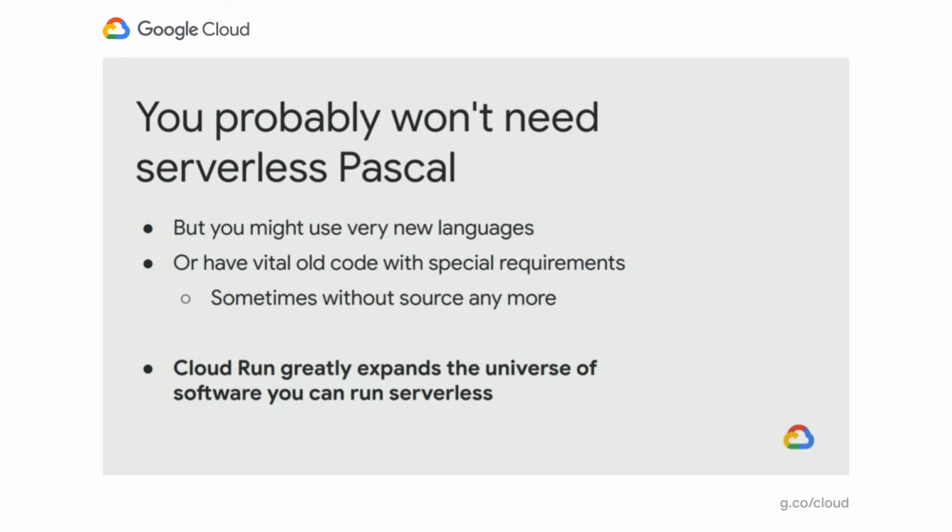And in fact, it's extremely likely that your application is going to have many components that include pieces you've already got in binary-only form, either because they've been around for your company for a while and you've lost the source code, or possibly you've licensed them in binary form only. Or you may have other old languages, unlike Pascal. It's a lot likelier you may need to run old Fortran or COBOL programs. All of those are things you can do now because Cloud Run greatly expands the universe of software that you can run serverlessly. You can run almost anything.